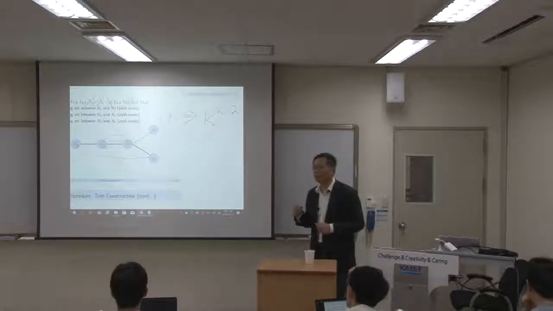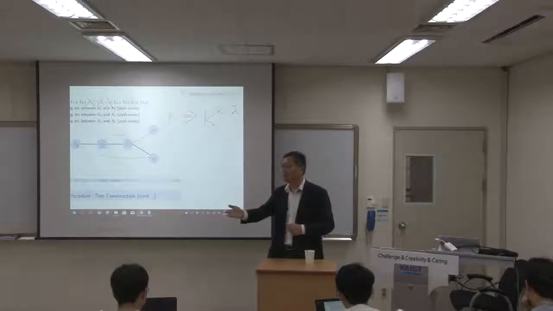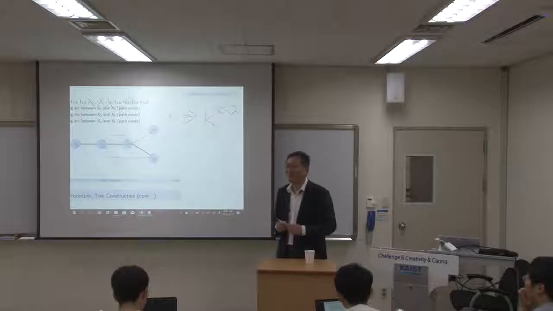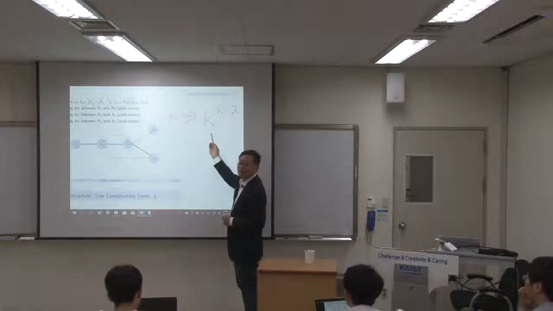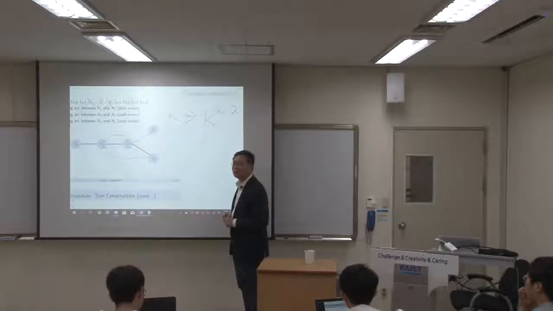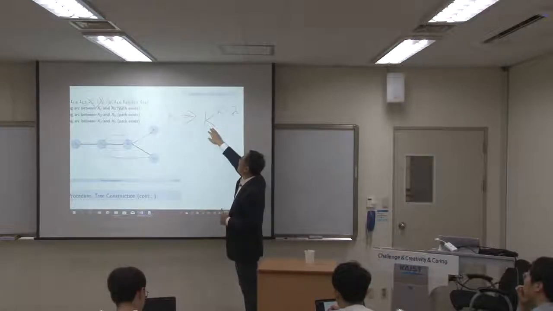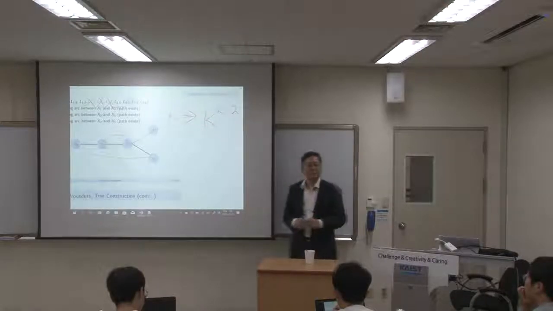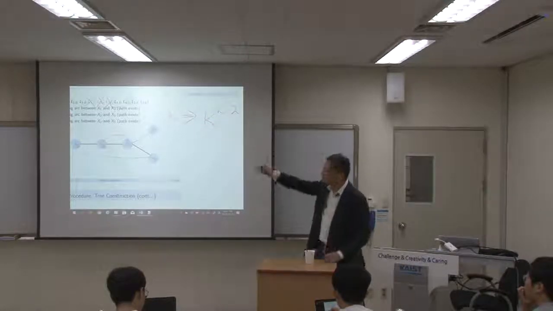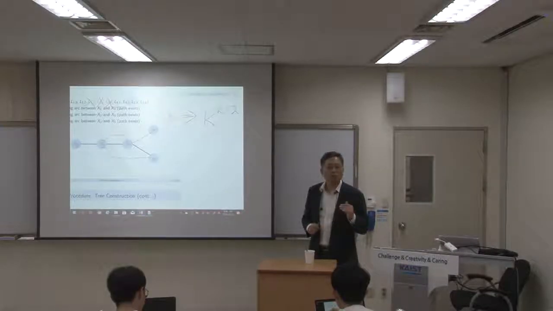The proof is not really simple. Is this a small number? No. This is a large number if you have lots of nodes. Of the k to the k minus 2 tree graphs that you can get, Chow and Liu gives you the highest log likelihood.